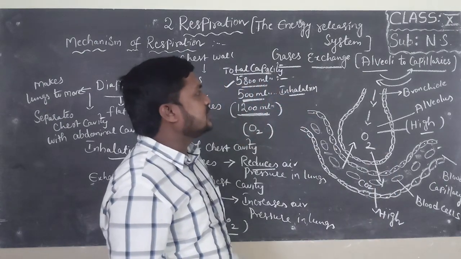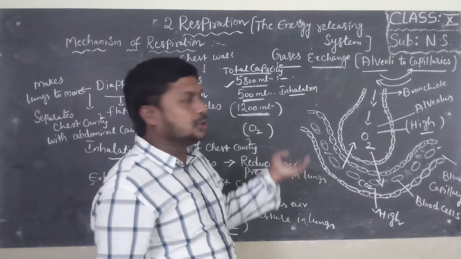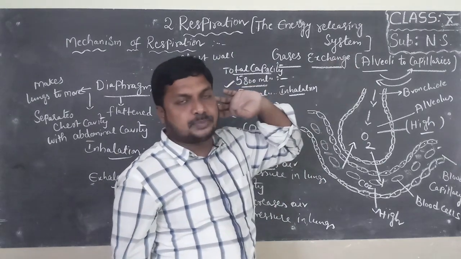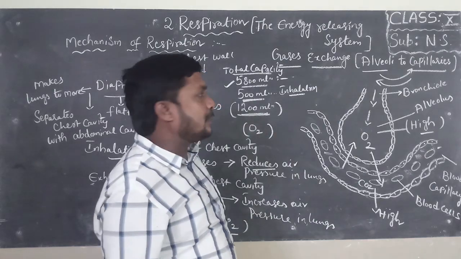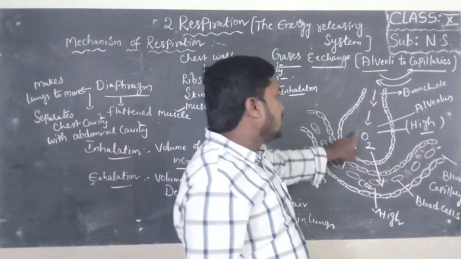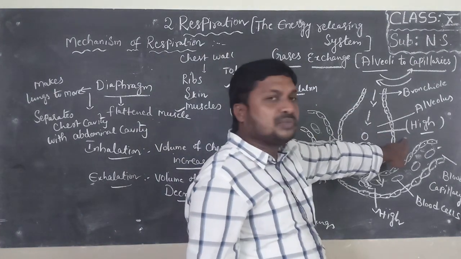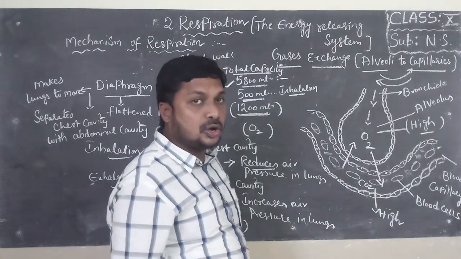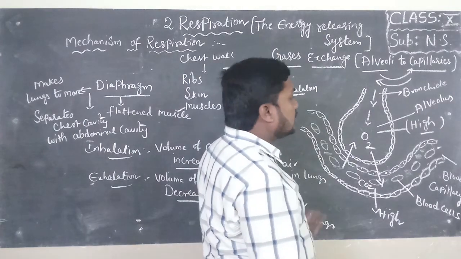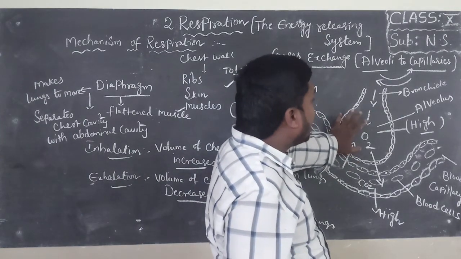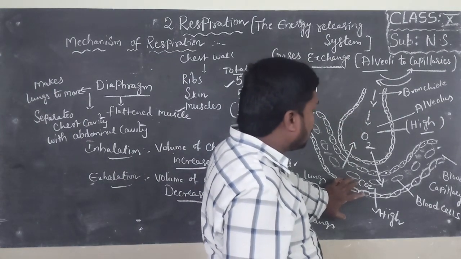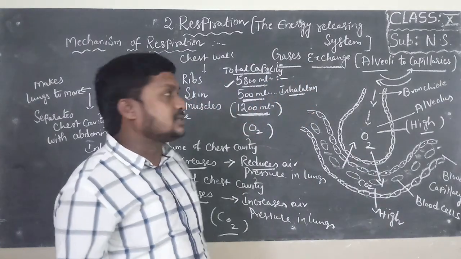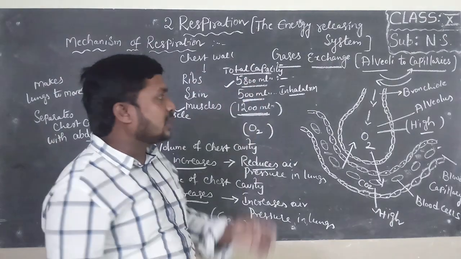Again I repeat: oxygen diffuses from alveolus to blood and CO2 diffuses from blood to alveolus. Like this, exchange of gases takes place from alveolus to capillaries.